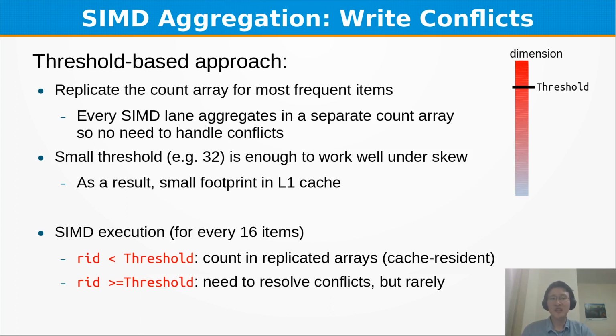Instead, we can just increment the counts for the corresponding SIMD lanes and combine them in the end. In practice, a small threshold works better on a skew, so the replicated arrays have very small footprint in cache. For infrequent data, we still need to do the conflict resolution, but this only happens infrequently.